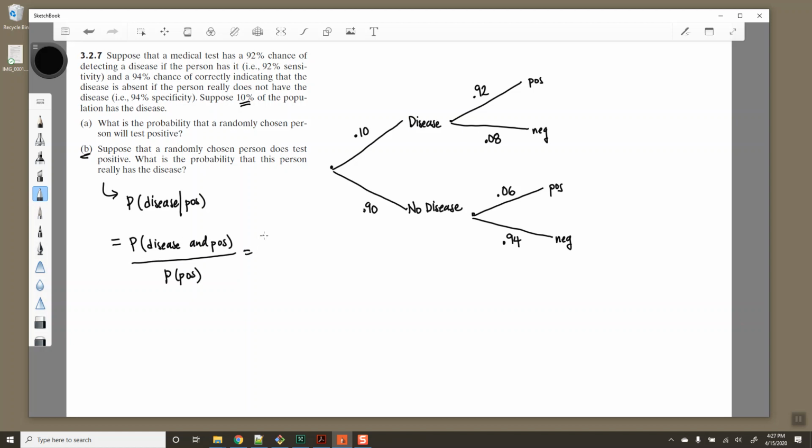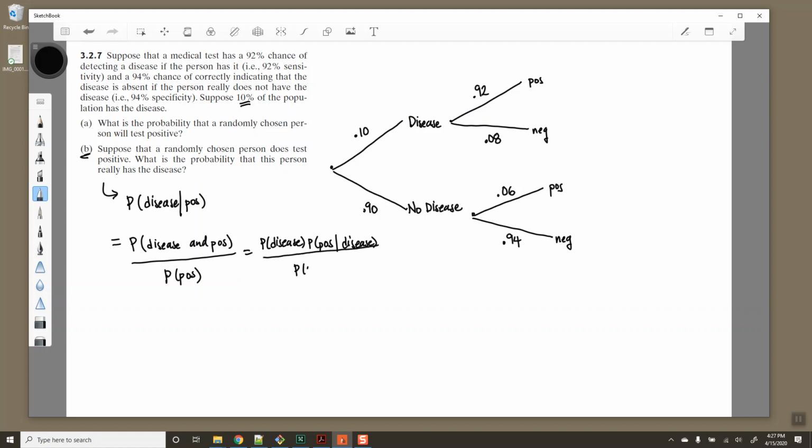The numerator, disease and positive, is going to be the probability of disease times the probability of positive given disease. So that's how we're going to get the numerator.